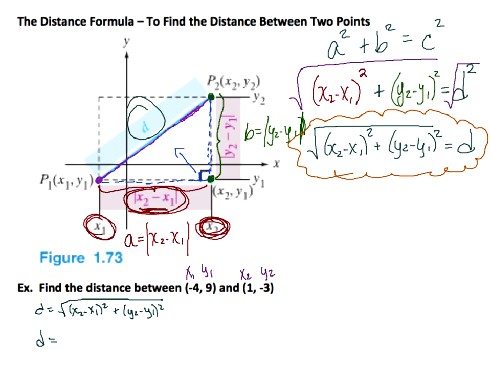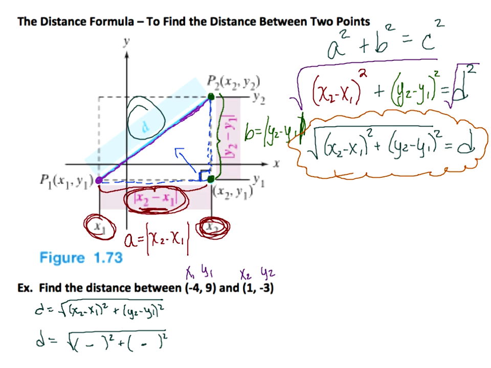Now I'm ready to plug in. Distance equals the square root. Okay, so I'm just going to give myself room to go back and write those points in. Okay, and now I'm ready to put the values in.